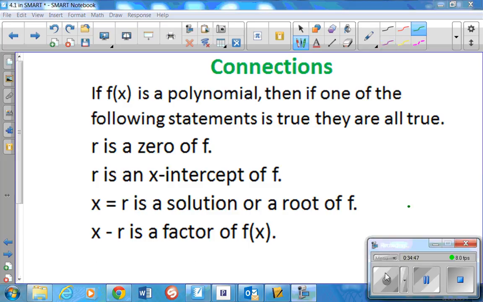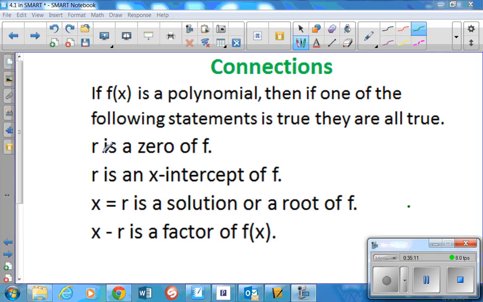Okay, here are some connections. If f of x is a polynomial, then if one of the following statements is true, they are all true.